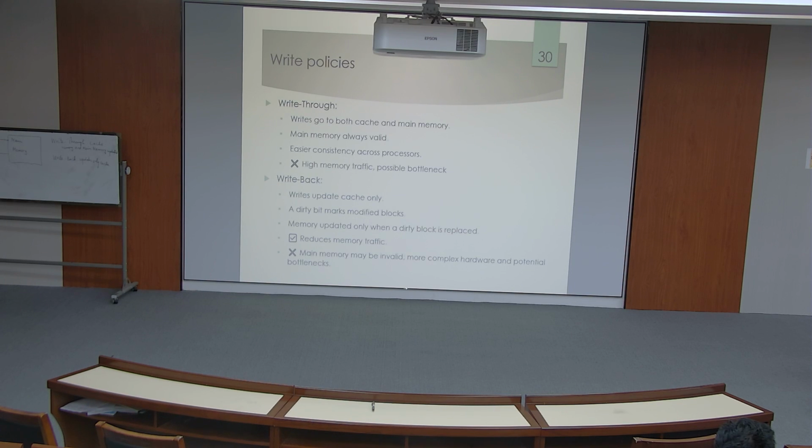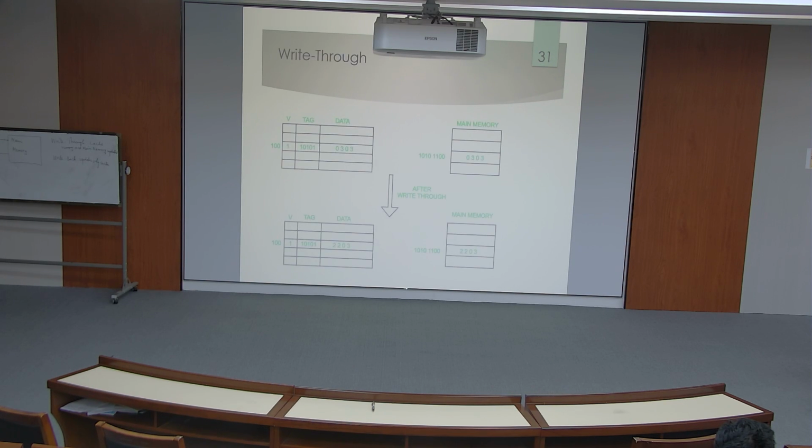All right, so we need to have some example for the write through. We have the write through on the screen. Here we have the V to indicate that the cache line is valid. Then we have the tag field to indicate the address. Then we have the data. We have the main memory which has the same data.